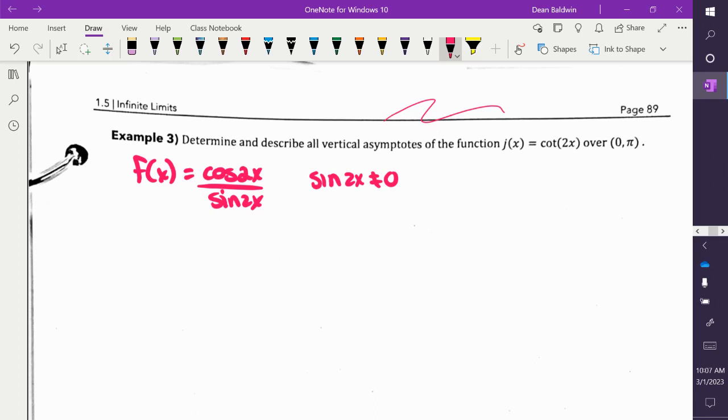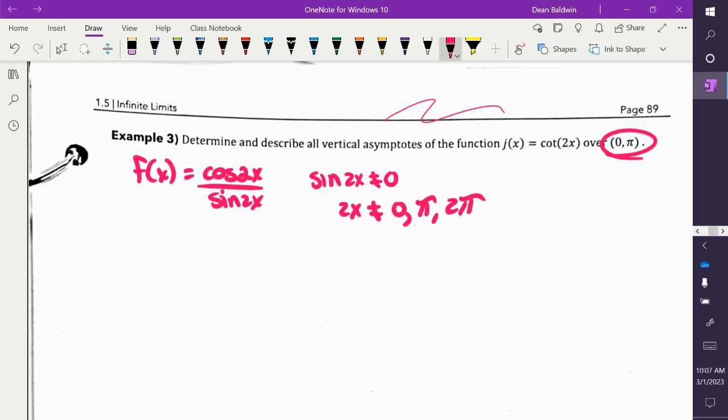All right, people, where does sine equal 0? We're on the domain 0 to pi. Where does sine equal 0? 0, 180, 360, right? So that means that 2x cannot equal 0, pi, 2 pi.